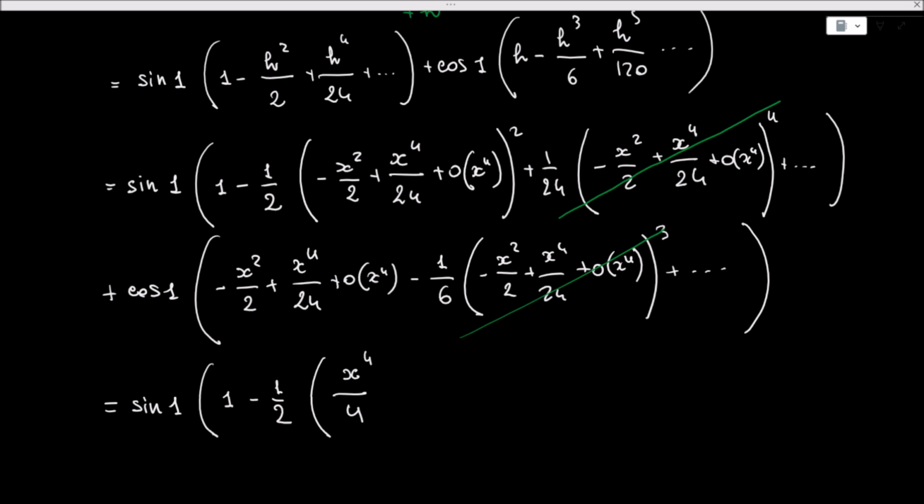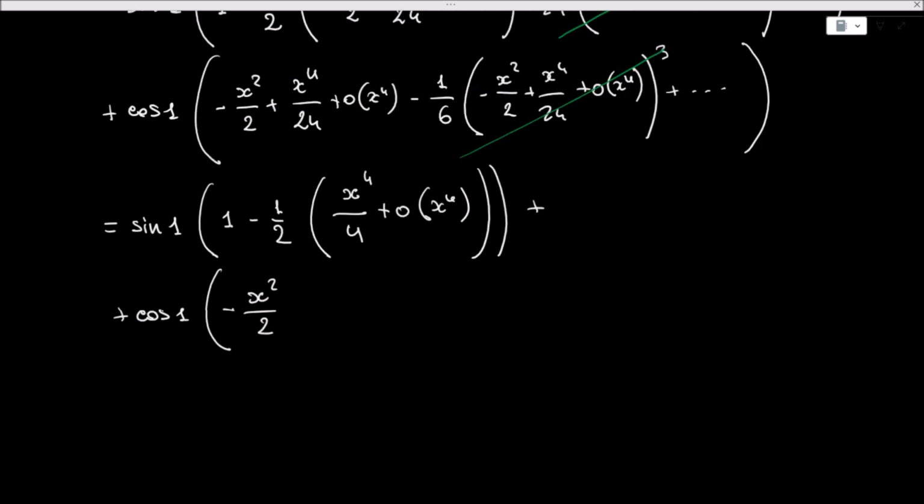Okay, so we just need to consider little o of x to the 4 here. And the other term is cosine, so plus cosine of 1 that multiplies now minus x squared divided by 2 plus x to the 4 divided by 24, okay, plus little o of x to the 4th.